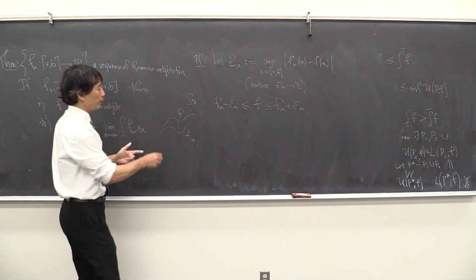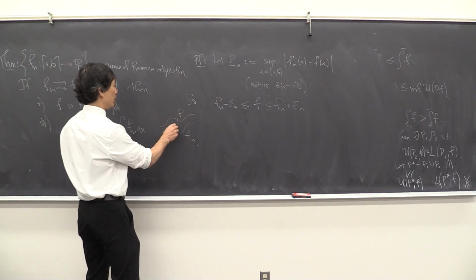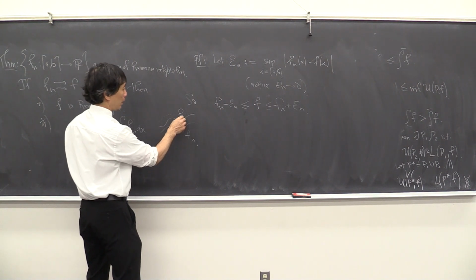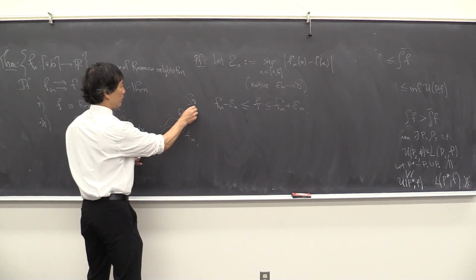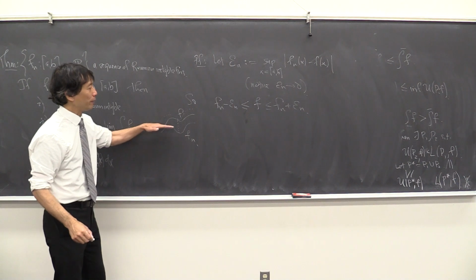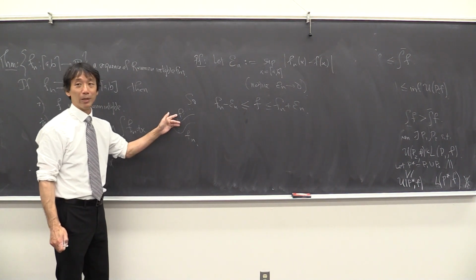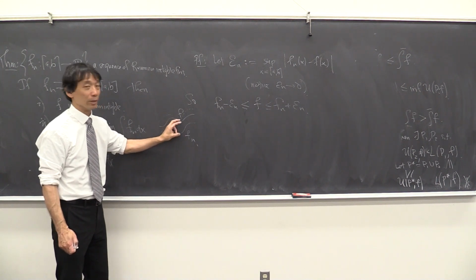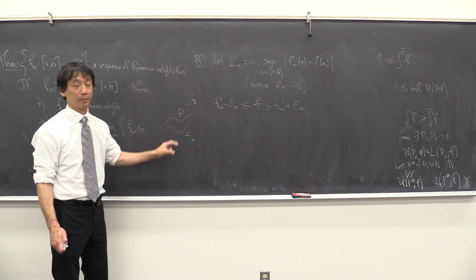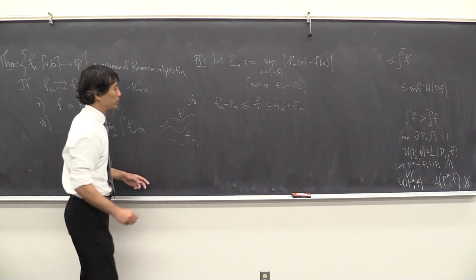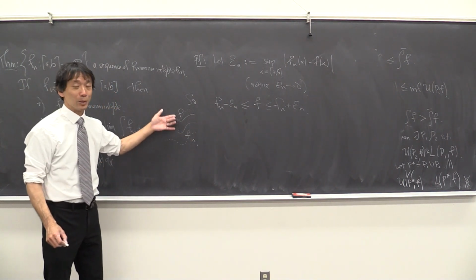And so if we take an epsilon n tube around f sub n, we see that f must lie in that tube. Normally, we usually think of the tube being around f, but this time we're going to think about the tube being around f sub n. In any case, it's still true.